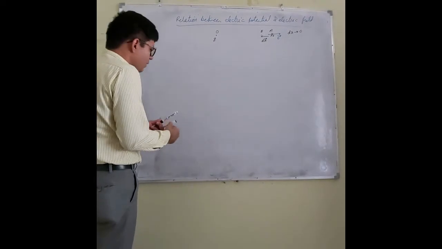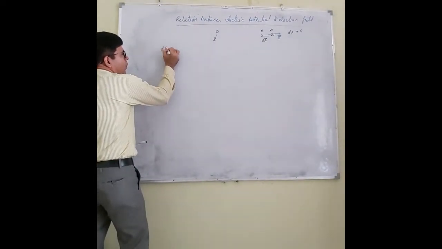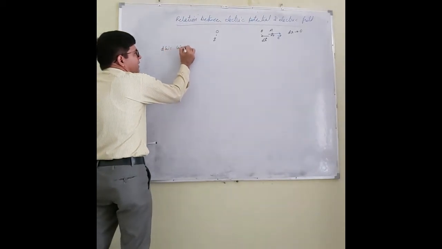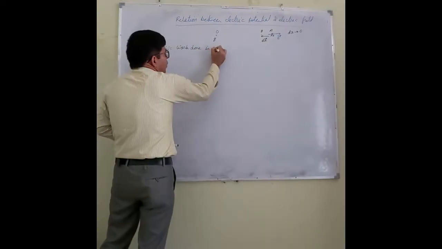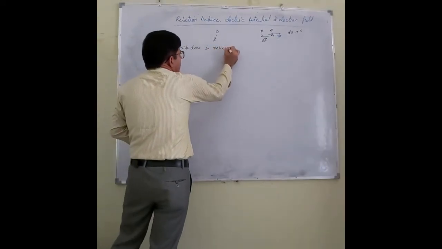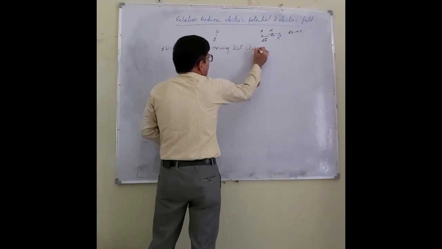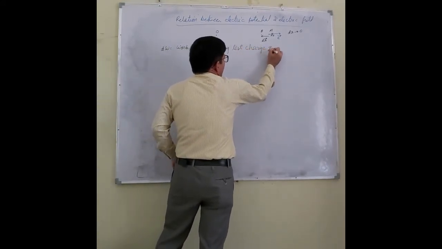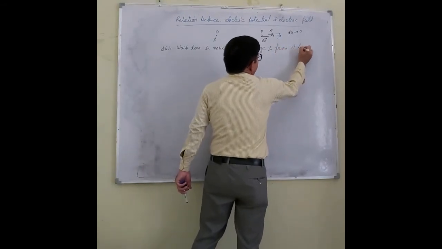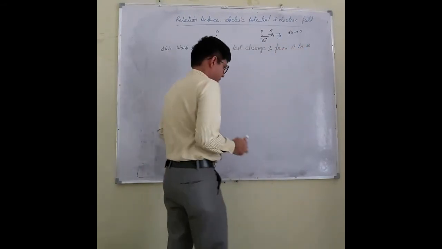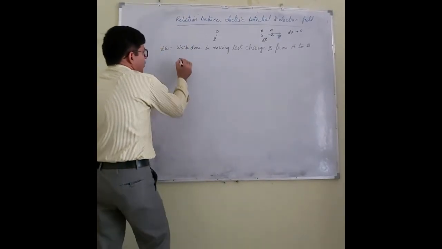So what is that work? Let us say dW is the work done in moving test charge Q naught from A to B. And what is the formula of work done?